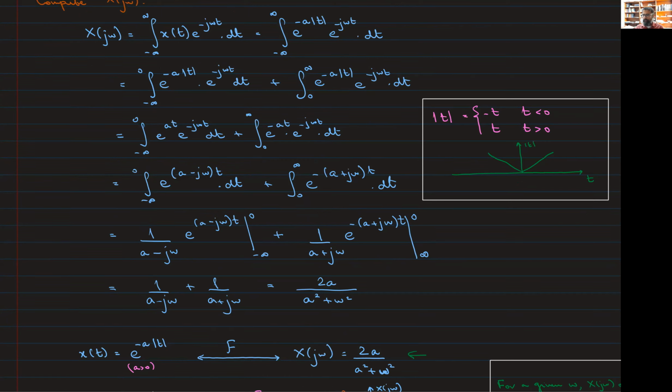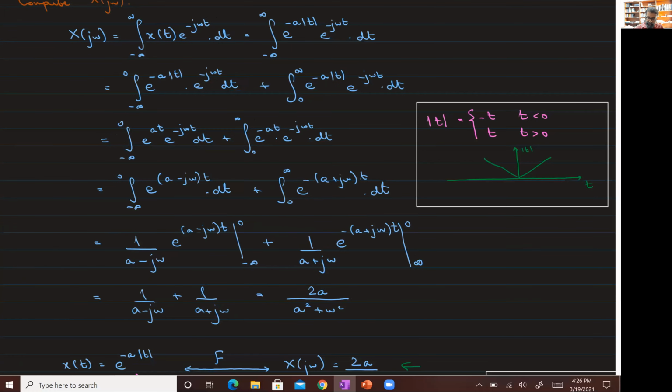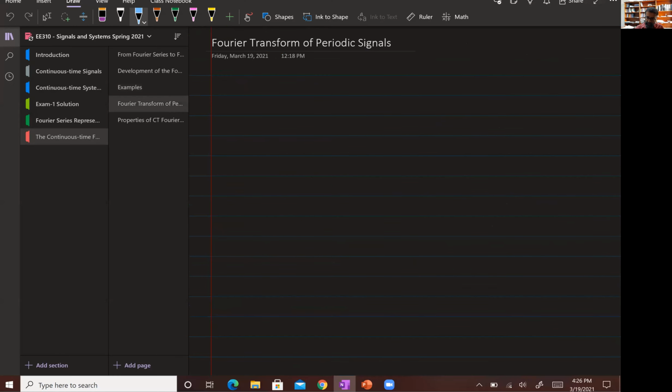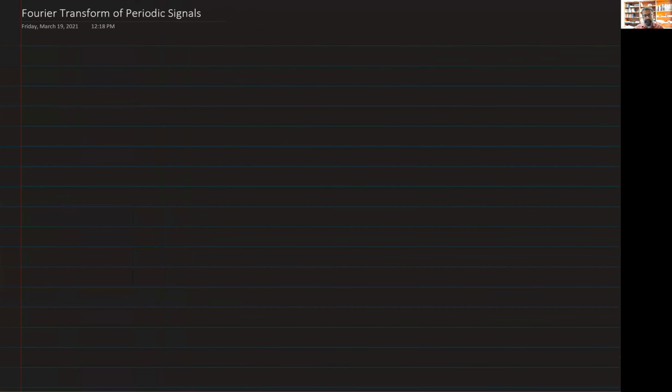Right. Now, with that note, I will start a new section, which is, can we compute the Fourier transform of periodic signals? Now, this may run counter to what I just said. How so?